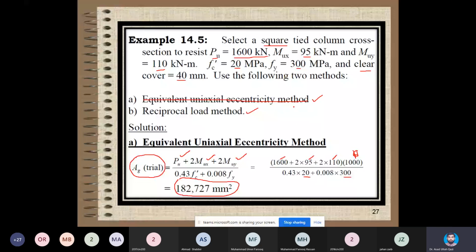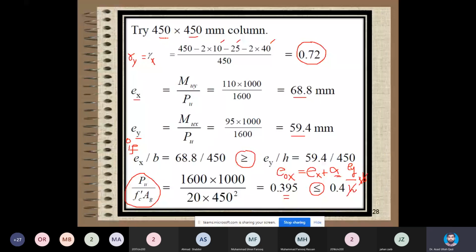So the same equation which we earlier applied for equivalent uniaxial eccentricity method you will call, and you will calculate area gross trial, and probably you may fix 450 by 450 and you will decide gamma 0.72. So up to this step you will do the calculation.